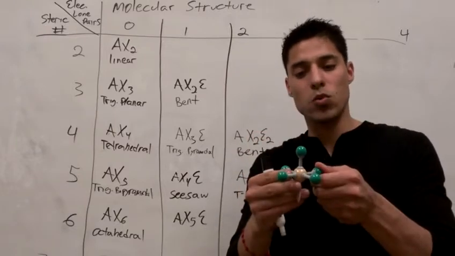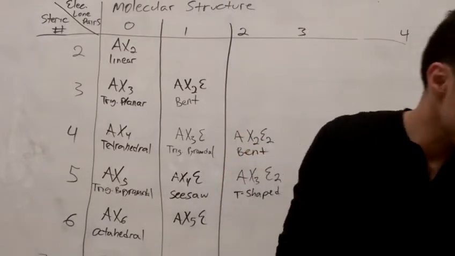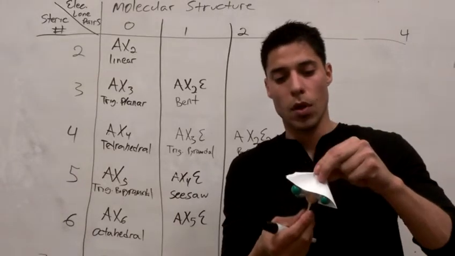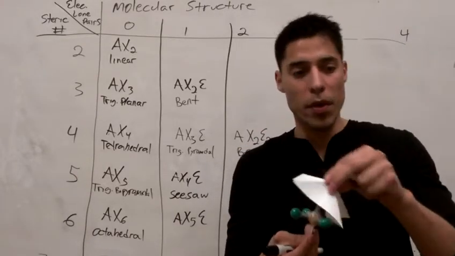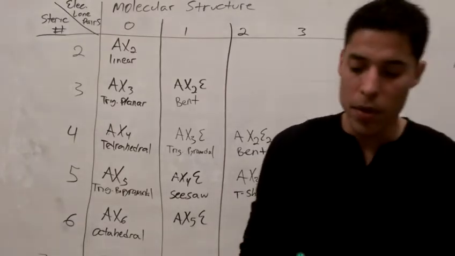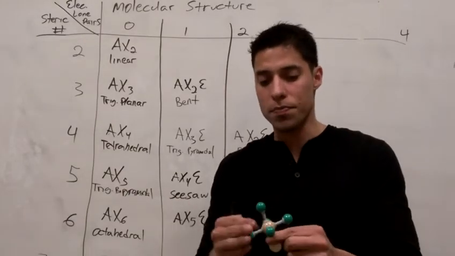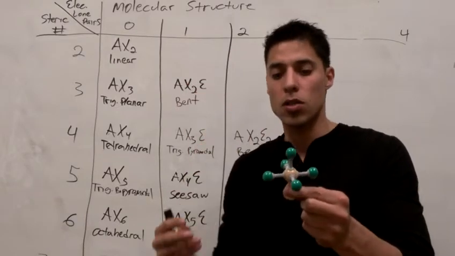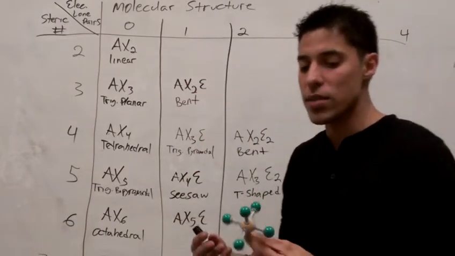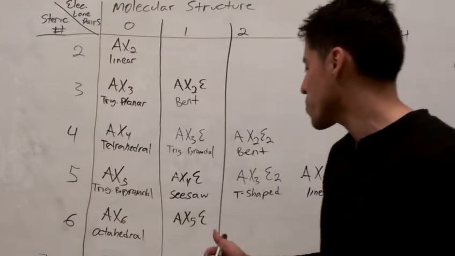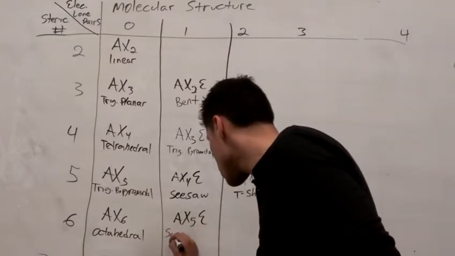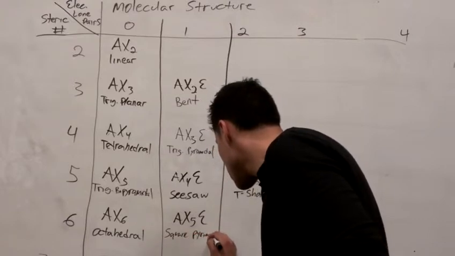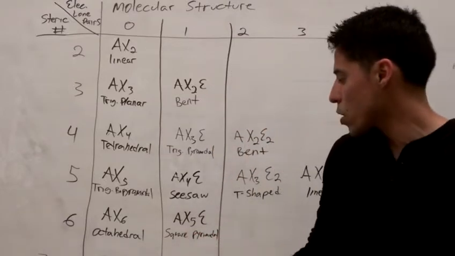If we flip it over this way, we form a pyramid like we had before. So we form a square and a pyramid, cleverly named square pyramidal. So the AX5E1 configuration has a square pyramidal geometric shape.